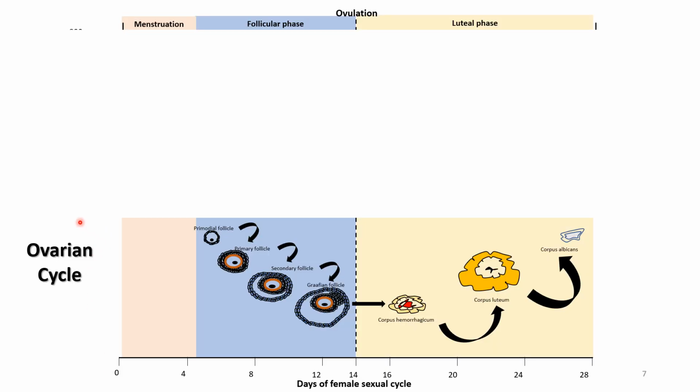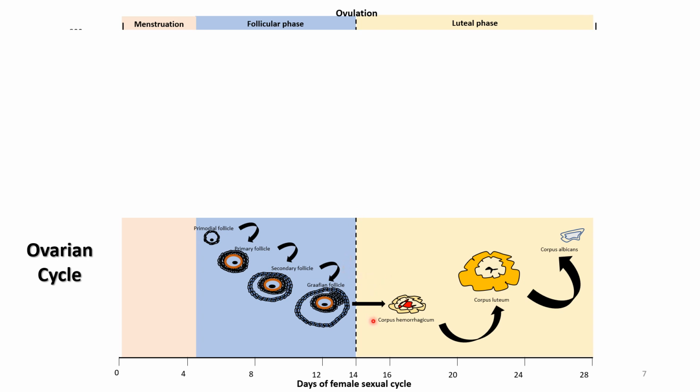Now in the answer, you can represent the ovarian cycle in a single diagram. So first 5 days menstruation occurs, then the follicular phase followed by ovulation, and then the post-ovulatory phase or the luteal phase. You can draw the primordial follicle developing into the primary follicle, developing into secondary follicle, then the Graafian follicle, then ovulation occurs on the 14th day.